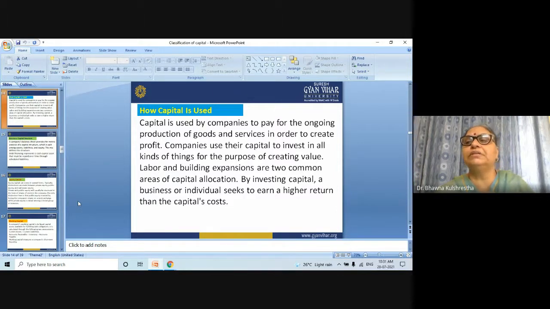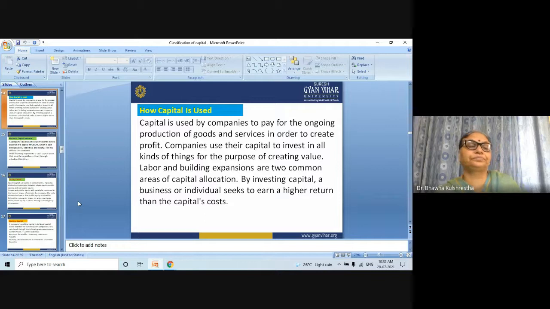An economist watches several metrics of capital, including personal income and personal consumption from the Commerce Department's personal income and outlays reports. Capital investment can also be found in the quarterly gross domestic product report.